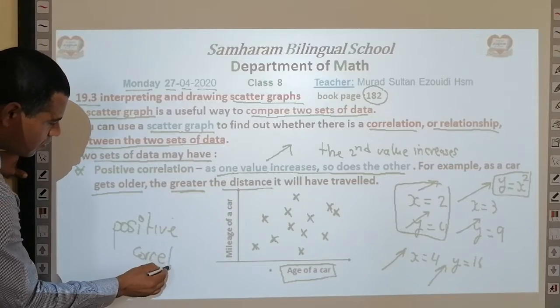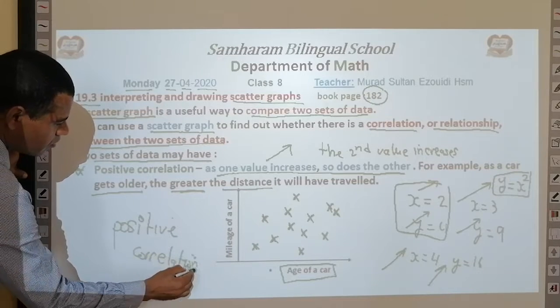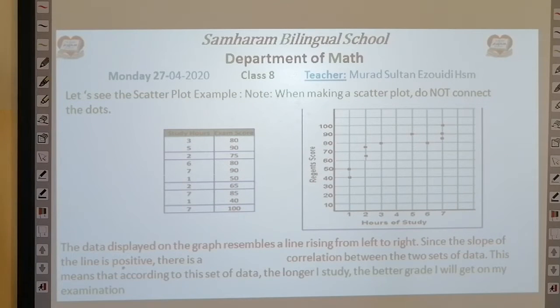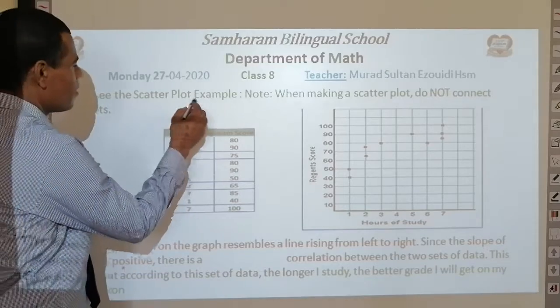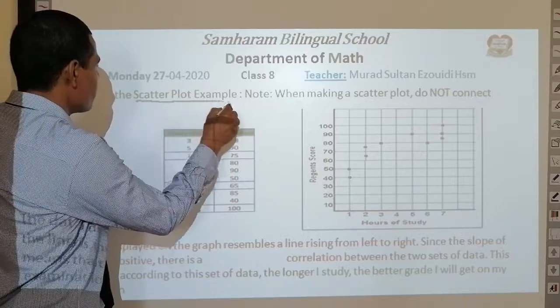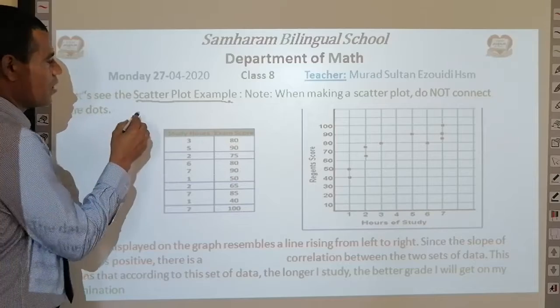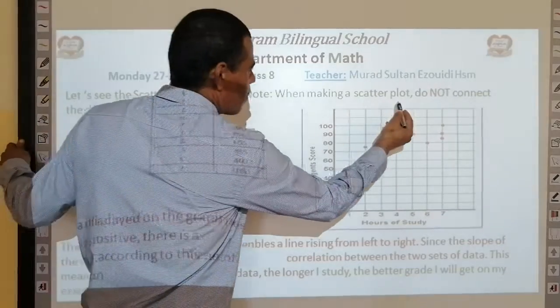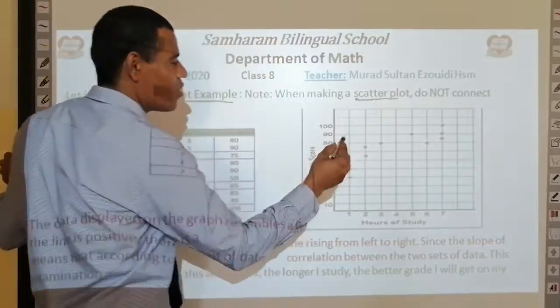Let's see this scatter plot example. Note that when making a scatter plot, please don't connect the points.